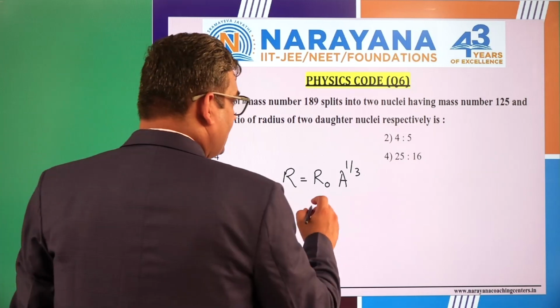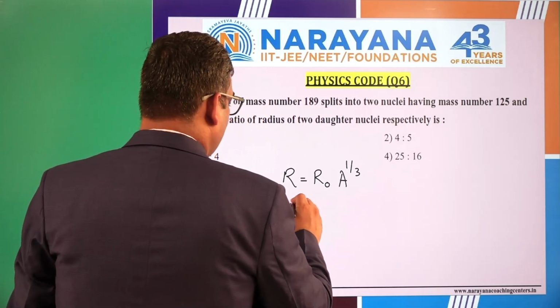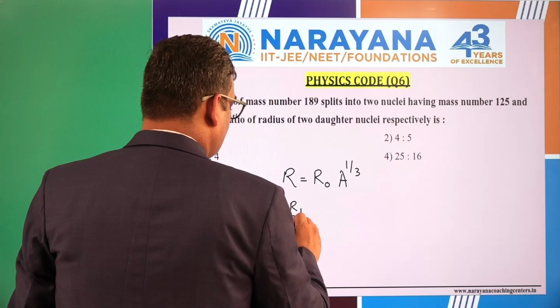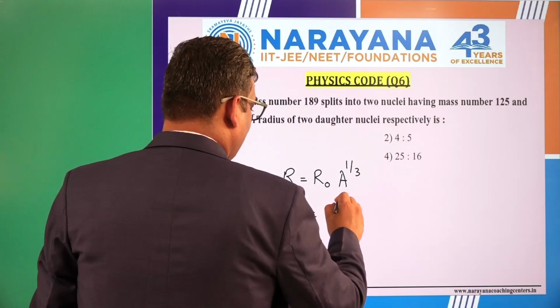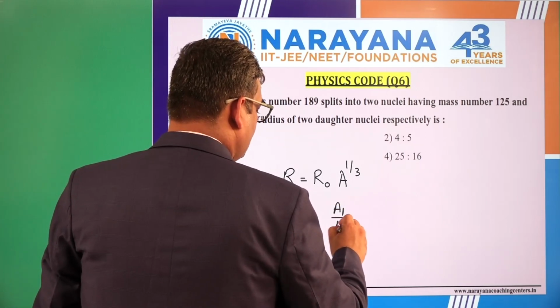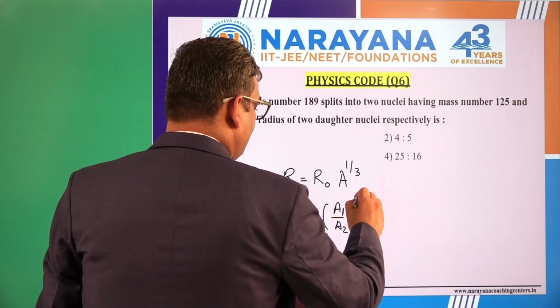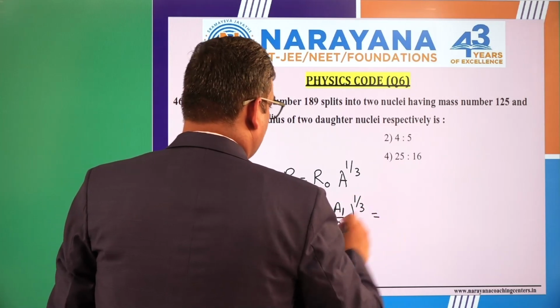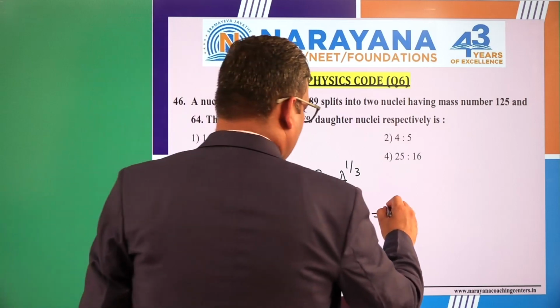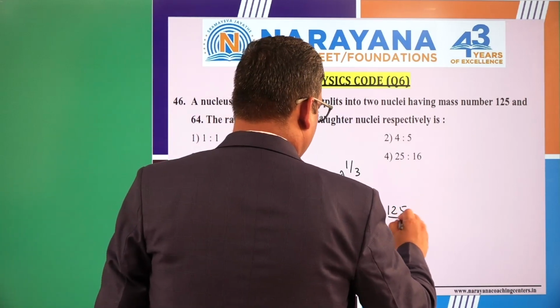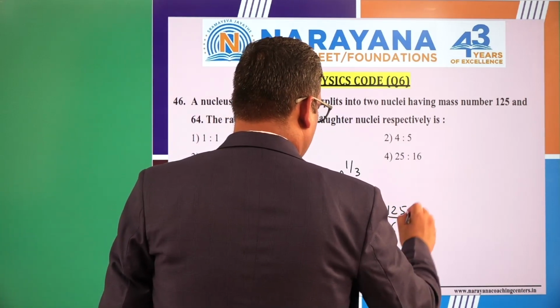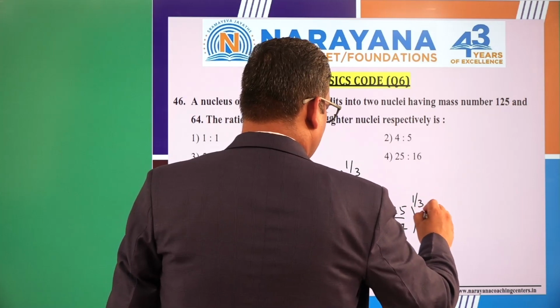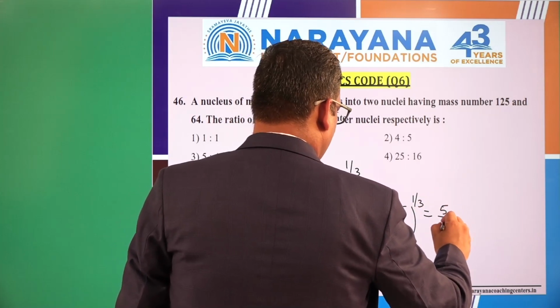So in this particular case, we can say that R1 divided by R2 should be equal to A1 divided by A2 raised to power 1 by 3. Now these two values are given as 125 divided by 64 raised to power 1 by 3, which will simply give us 5 divided by 4.